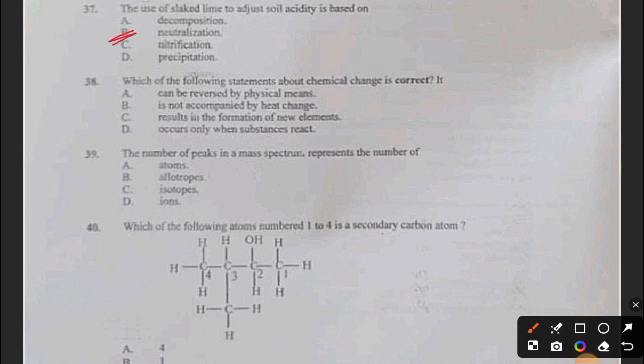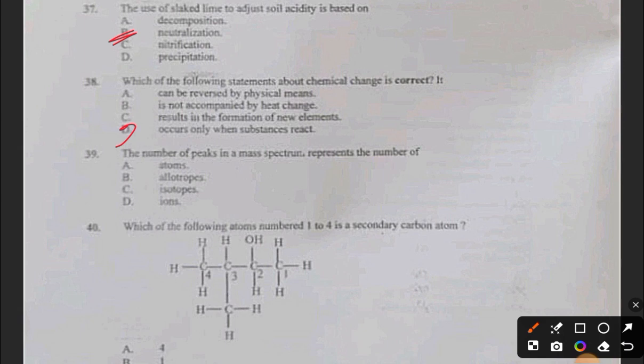A. Can be reversed by physical means. B. Is not accompanied by heat change. C. Results in the formation of new elements. D. Occurs only when substances react. The answer to question 38 is occurs only when substances react. So 38 is D.